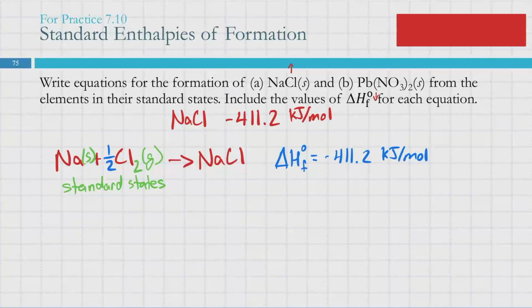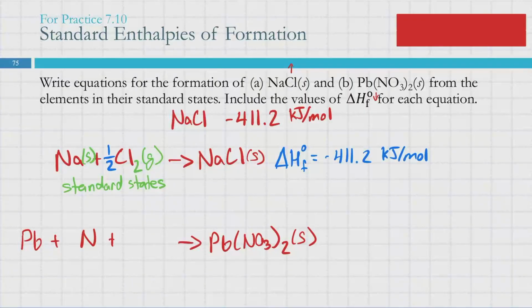And then for our lead 2 nitrate, we've got Pb(NO3)2 as a solid. What elements do we have here? We've got lead, we've got nitrogen, we've got oxygen.